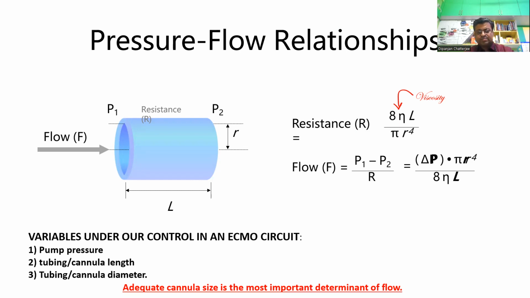So the return is by the positive force. And because of the negative pressure generation, there is a chance that the venous walls can collapse on the cannulae. So that is why we try to keep the negative pressure minimum.